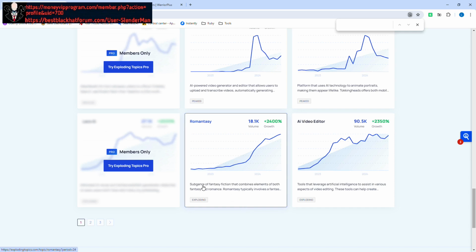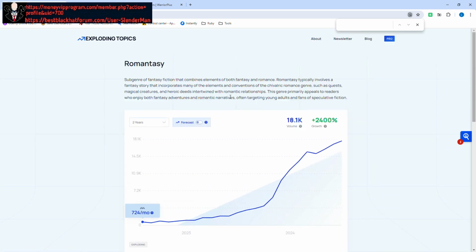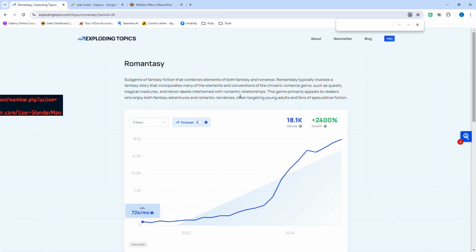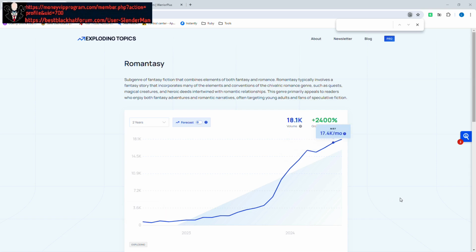Romantasy, huh? A subgenre of fantasy fiction that combines elements of both fantasy and romance. Let's dig deeper. Interesting. Magical creatures and heroic deeds intertwined with romantic relationships. Hubba hubba. If you were a fiction writer, this might in fact be of interest to you, saying, hey, there is a big interest in this topic right now.